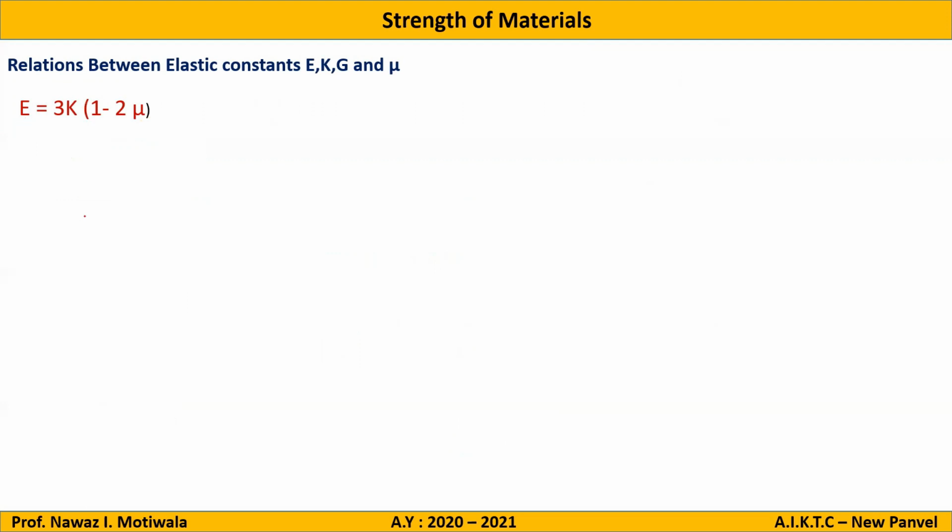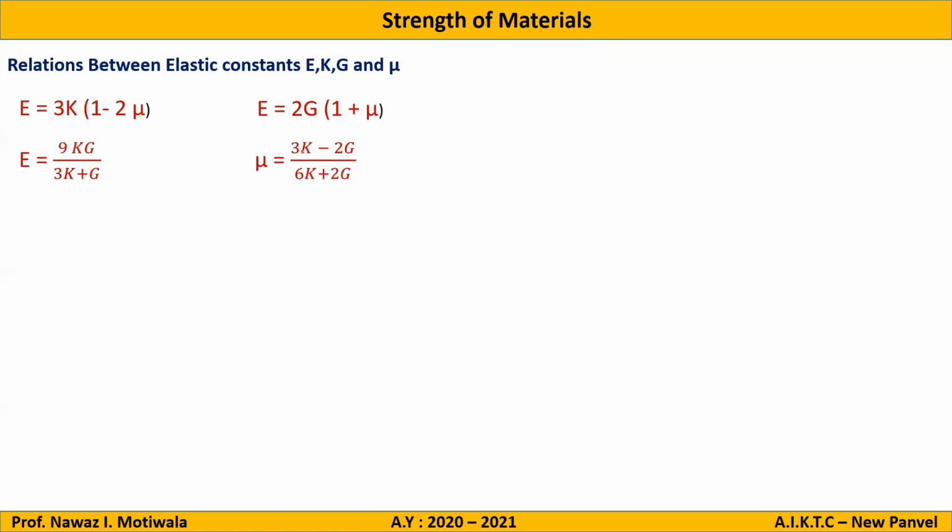It is the relation between E and K. The next relation is between E and G, which is E equals 2G into (1 plus mu). The third relation is between E, K and G, so E equals 9KG divided by (3K plus G). Lastly, there is one more relation, for mu, the Poisson's ratio.